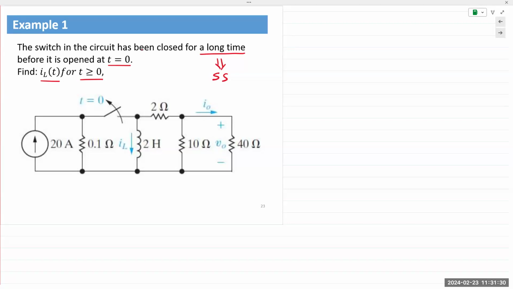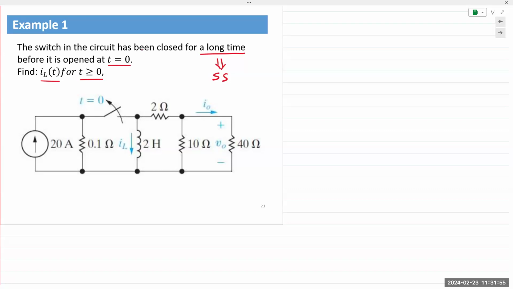We are not concerned with what happened prior to time t equals 0. The only thing we are concerned with is what happens after time t equals 0. We, of course, need the value of the current right before the switch is open. So we want a little bit of the past, but we are not analyzing the past. Does that make sense?